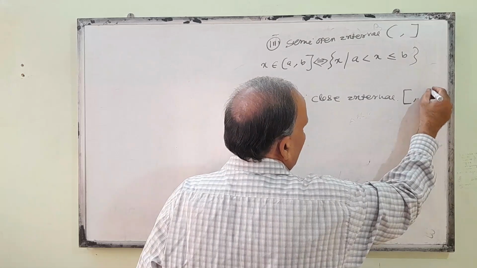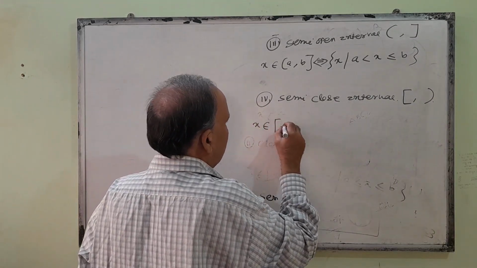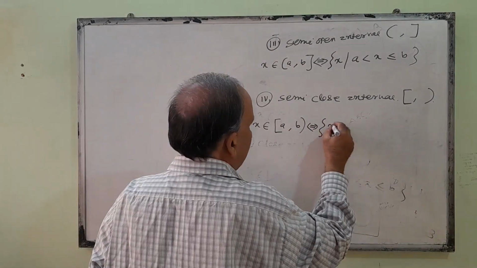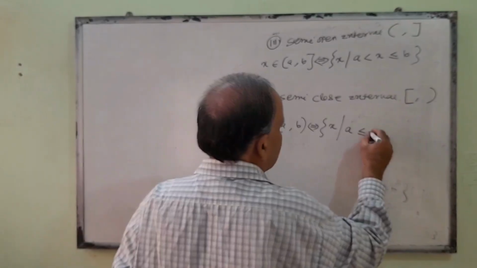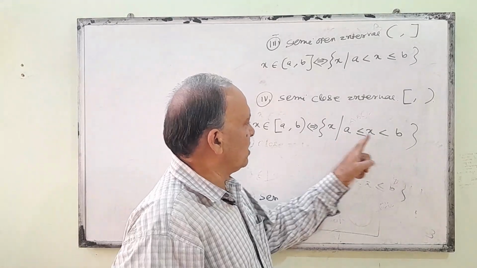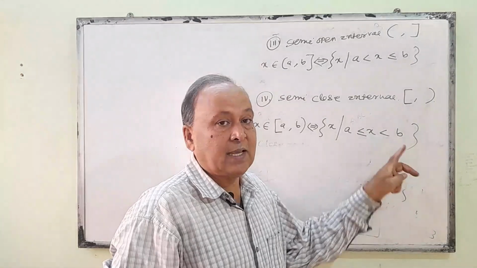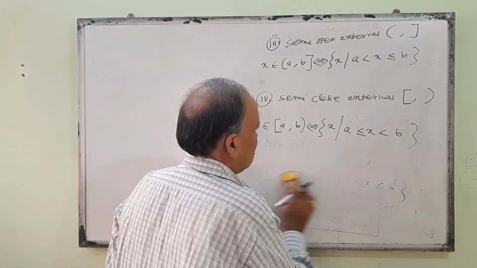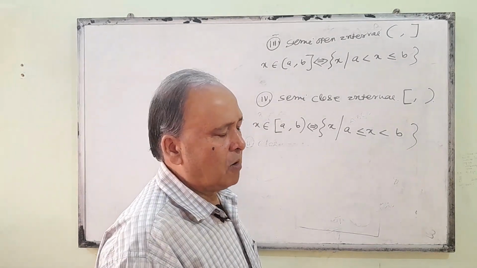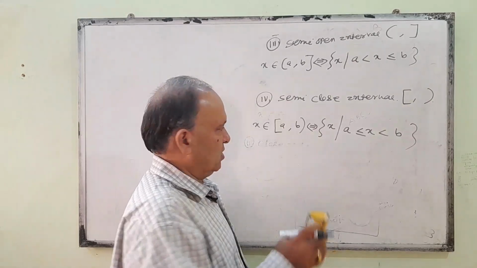What is its definition? x belongs to the semi-closed interval of AB implied by x such that A is less than or equal to x is less than B. That means x lies within A and B and x can be equal to A but x cannot be equal to B. First is your open interval, this is your closed interval, next your semi-open interval and a semi-closed interval.